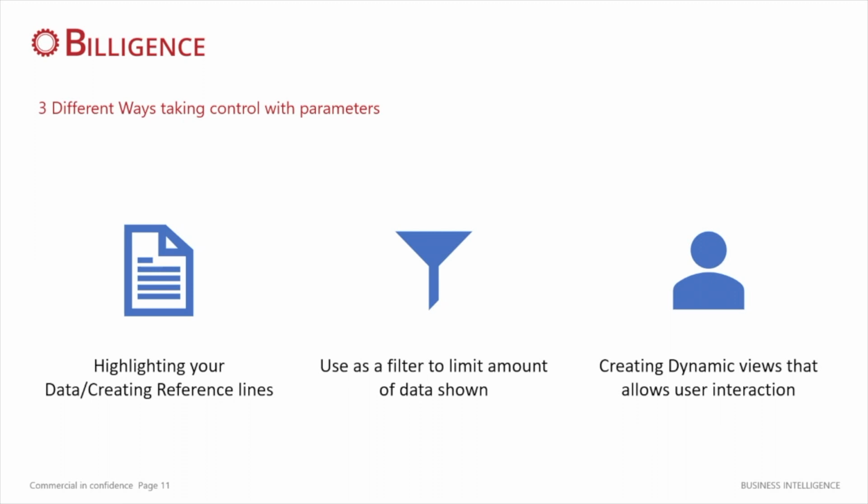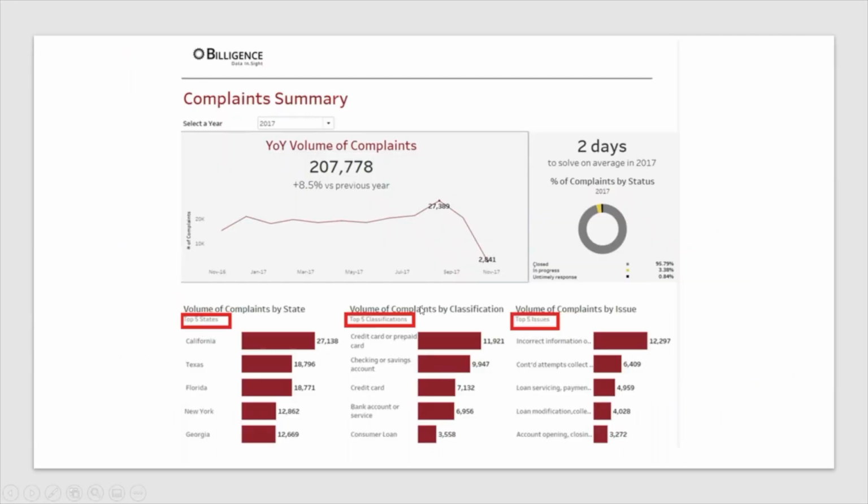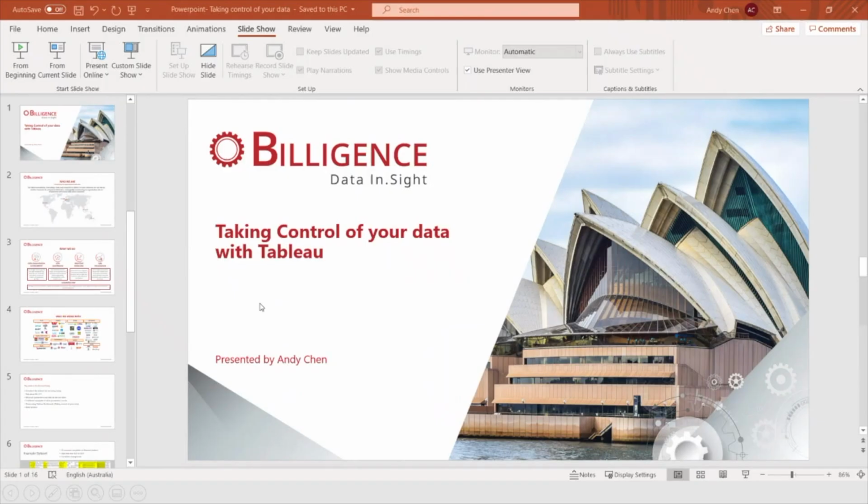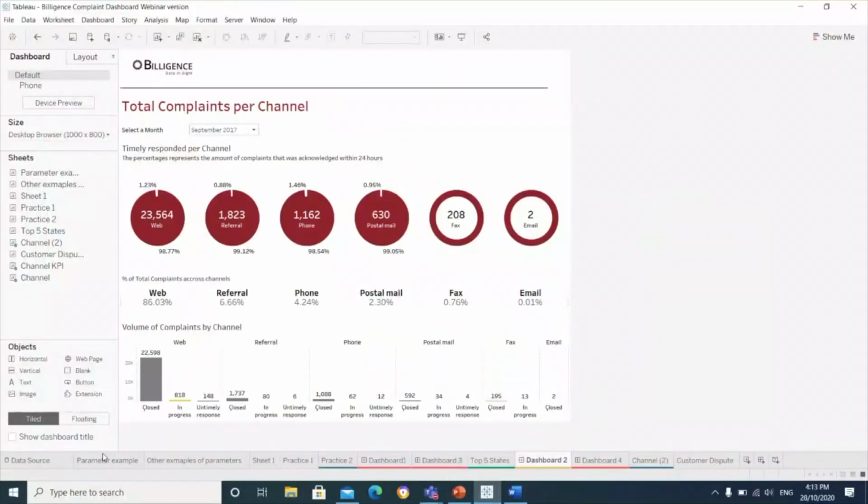The third one is creating dynamic views that allow user interaction. So let's jump into Tableau and I'll show you how to create all these parameters in these different ways. Okay, let me go into Tableau.